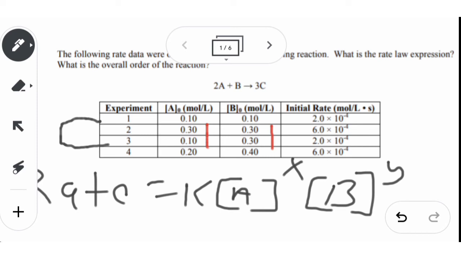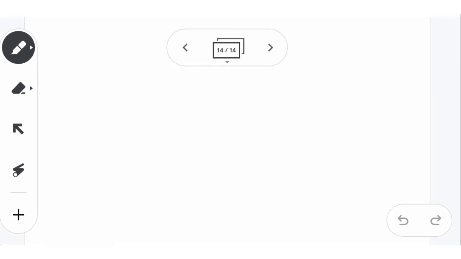So meaning we're going to use the initial rate and the concentration of B for experiment number 1, and also for experiment number 3. So we're going to use experiment number 1 and experiment number 3 to calculate the value of Y.